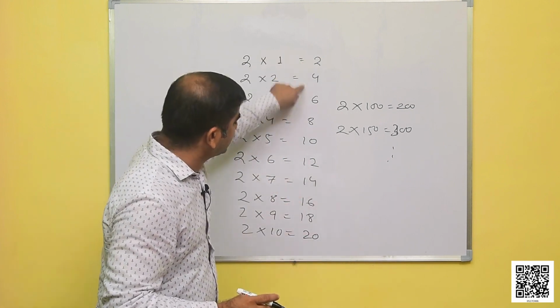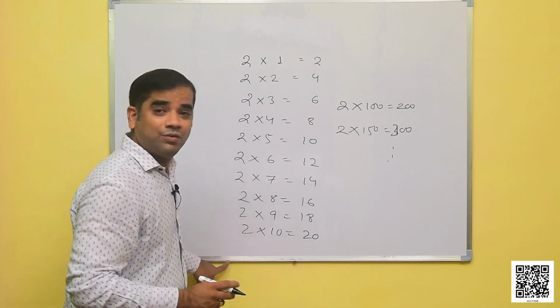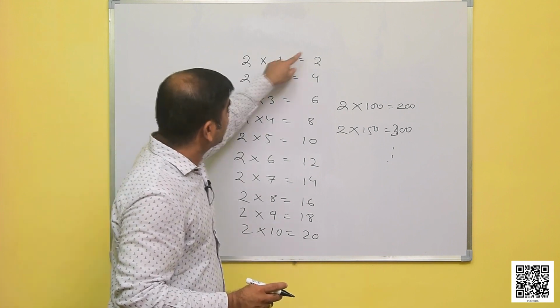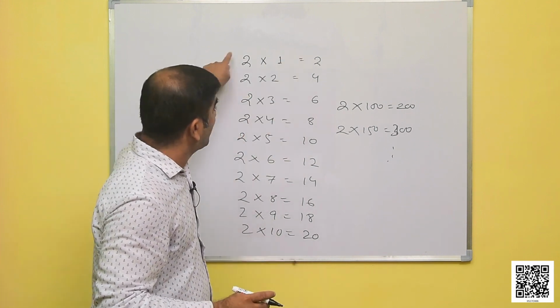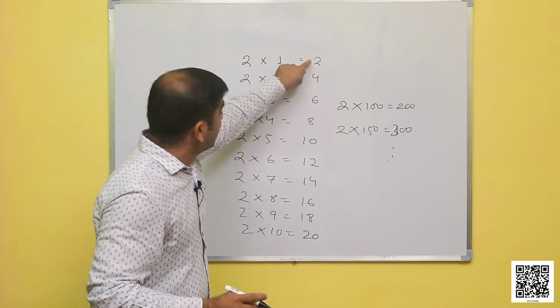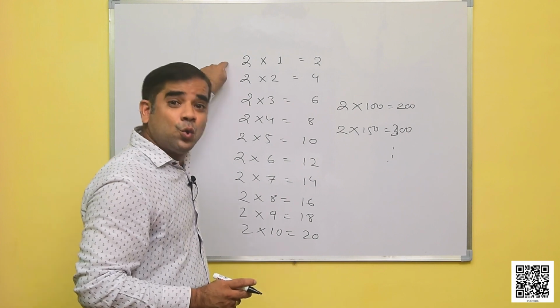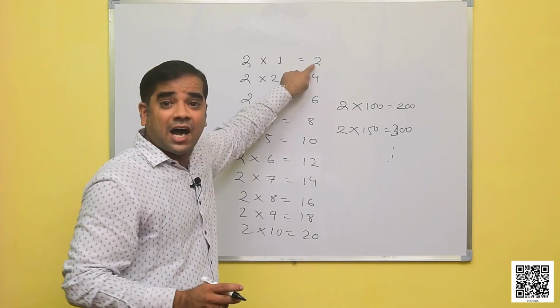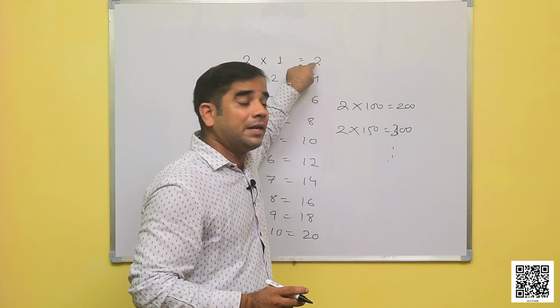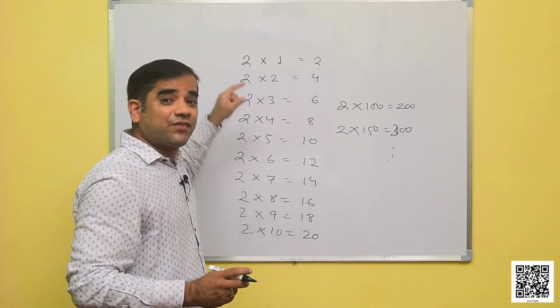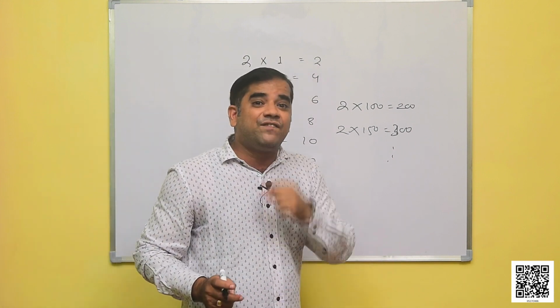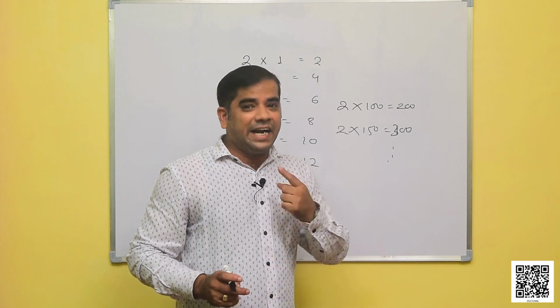And what are all these numbers related with 2? See, these all are the multiples of 2, because these all numbers are completely divisible by 2. So 2 is the smallest possible multiple of 2. So from this we come to know that every number is a multiple of itself.